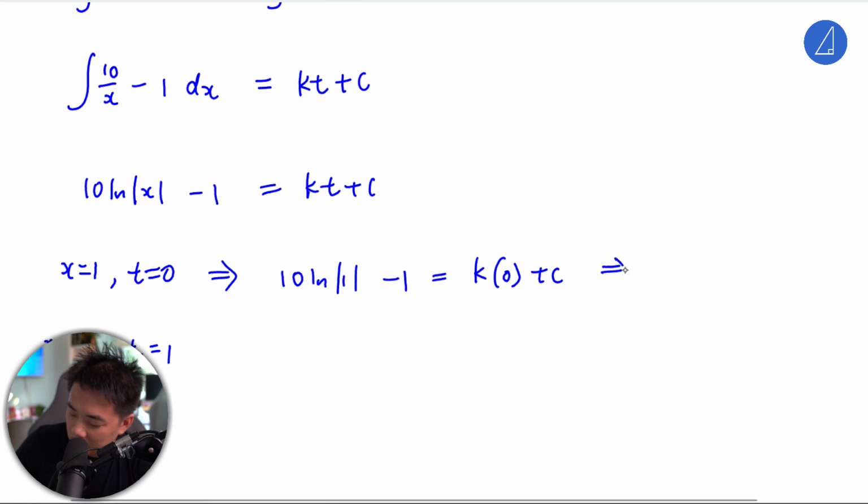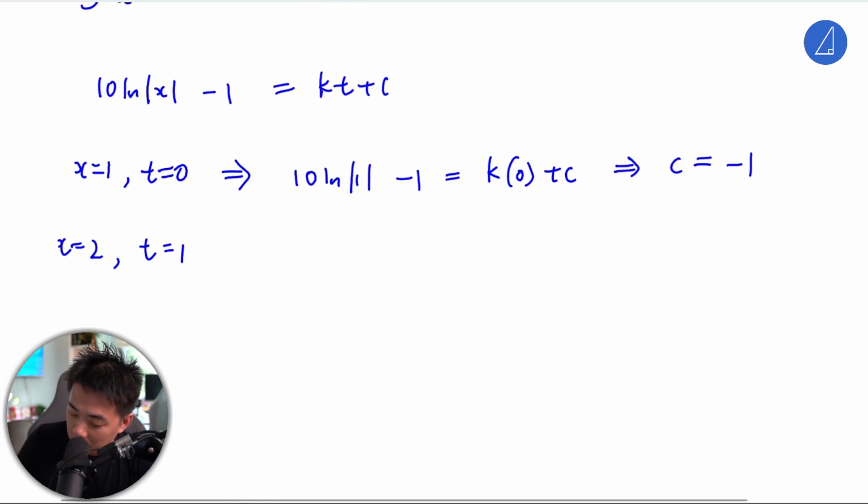This will give us c equals negative 1. Then we sub the second condition into the equation with c equal to negative 1, so 10 ln 2 minus 2 equals k times 1 minus 1.